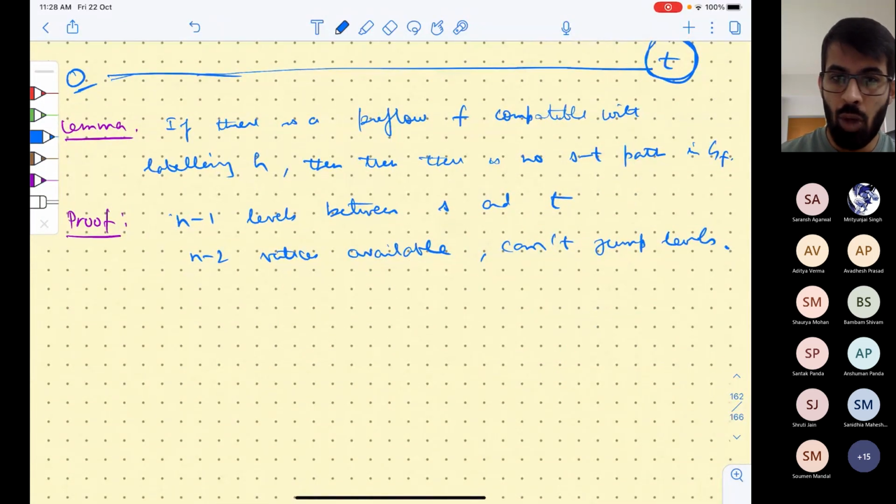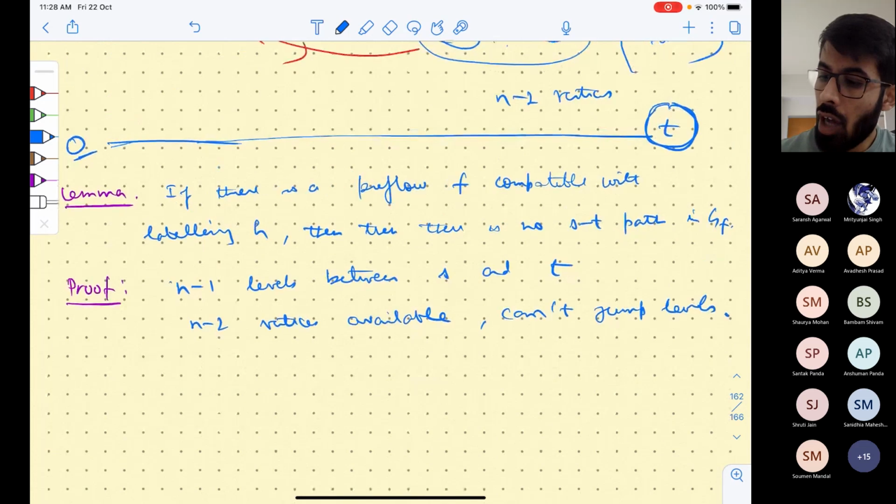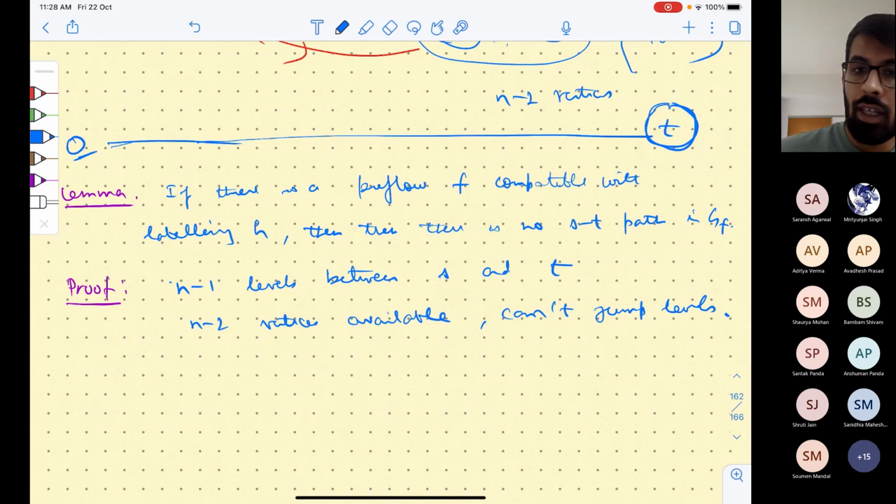Any other question about that? I'm not going to prove that in detail. You just look at a path and say that it can drop by at most one. This is essentially the argument. Okay, good. So if there is a preflow that is compatible with a labeling, then there is no ST path in GF, right?